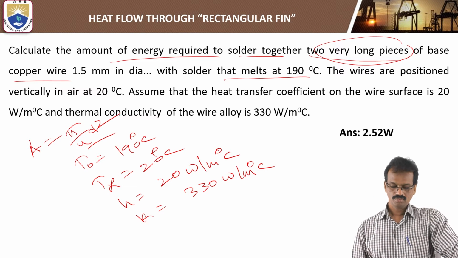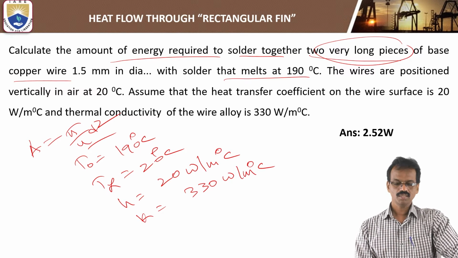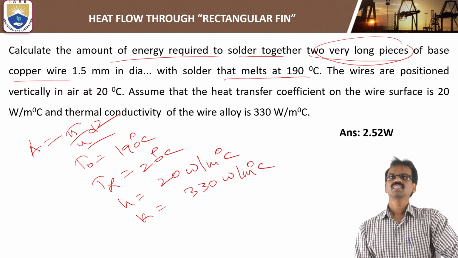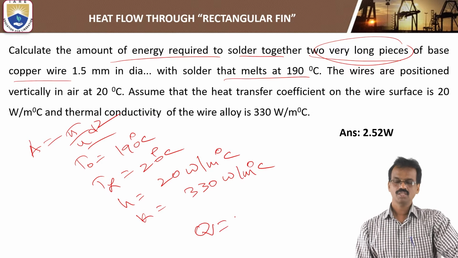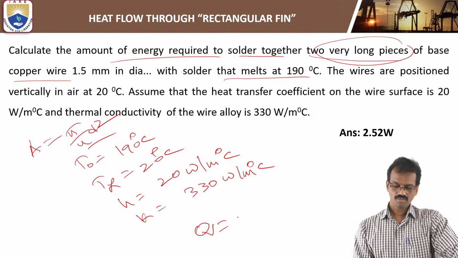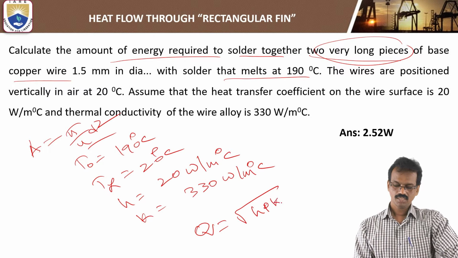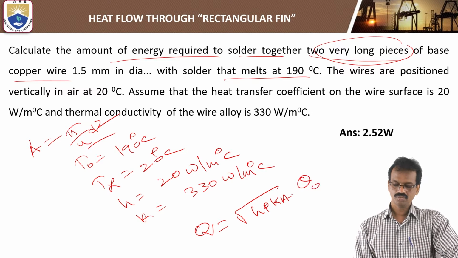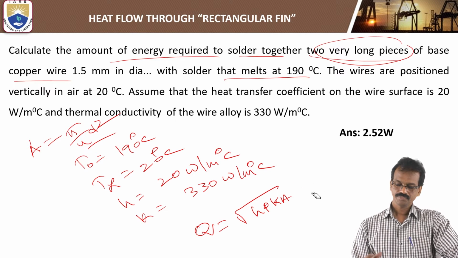You have to calculate the amount of energy required, which means Q, the rate of heat transfer. The rate of heat transfer is equal to, already derived, under root of hp ka into theta naught, where theta naught is T naught minus T infinity.